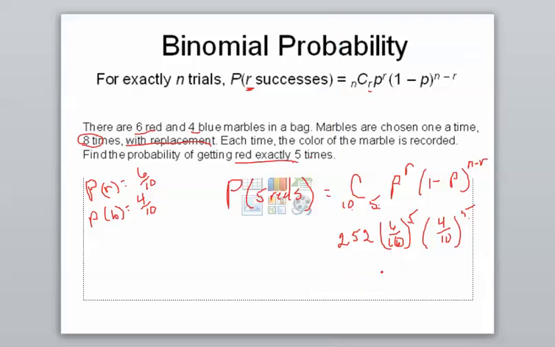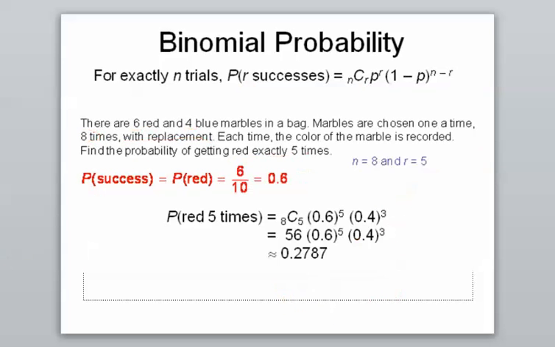So that's telling me that it's about a 20% probability. And I'm just going to look at my answer that I have here on the next page, and they got 27%, but that's pretty much the same thing.